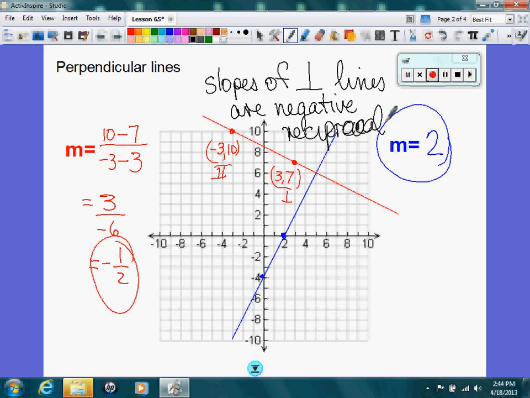The reciprocal of 2 would be 1 over 2, but the negative of that would be negative 1 over 2, and that's what we got for the slope here. What would the reciprocal of negative 1 over 2 be? The reciprocal of 1 over 2 would be 2 over 1, and the negative of a negative would be a plus, and that's what our slope on the blue line is, plus 2.